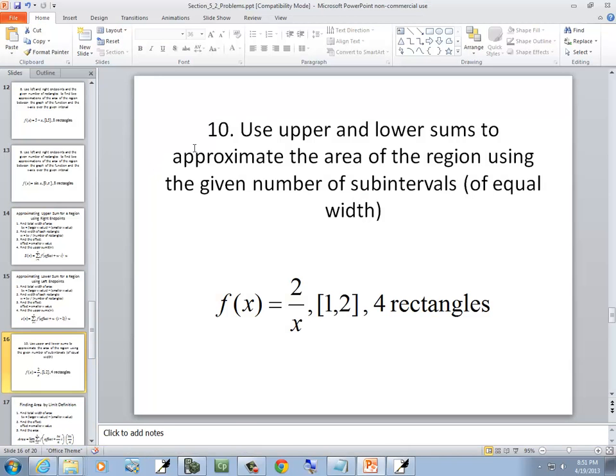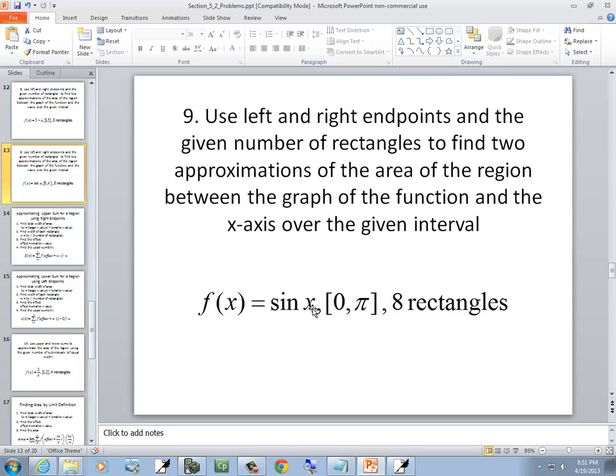It says use upper and lower sums to approximate the area of the region using a given number of subintervals of equal width. By the way, on this one that wasn't exact; if we took more rectangles, you'd find the approximation gets better.